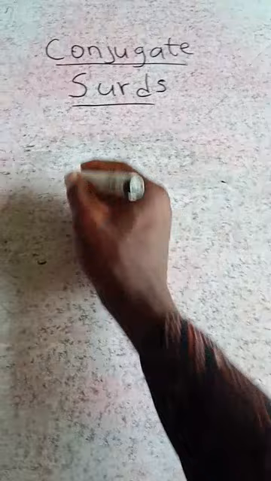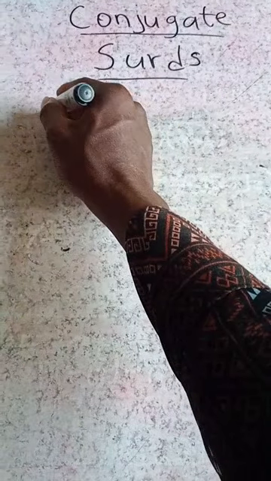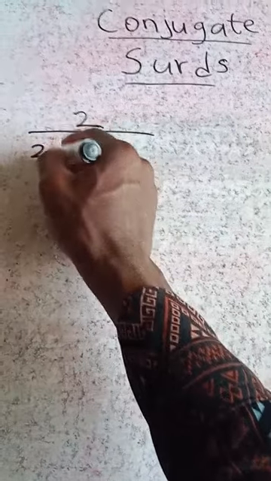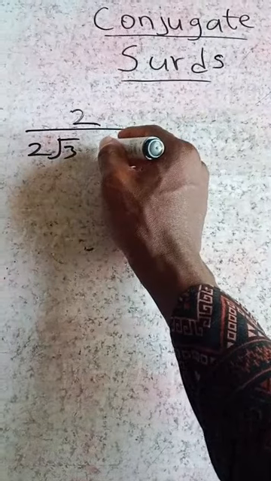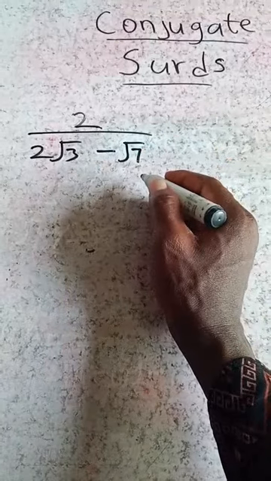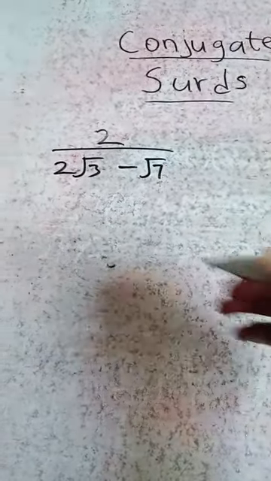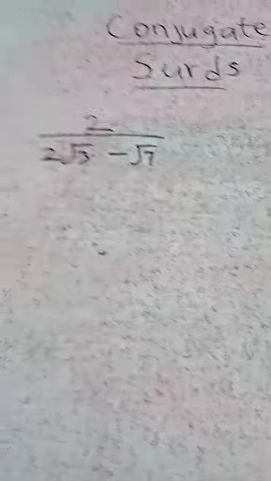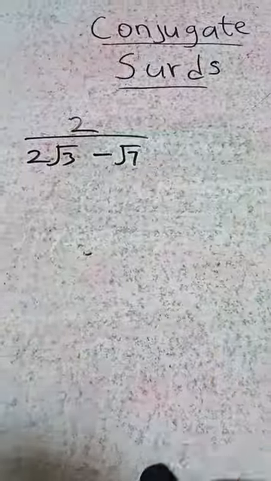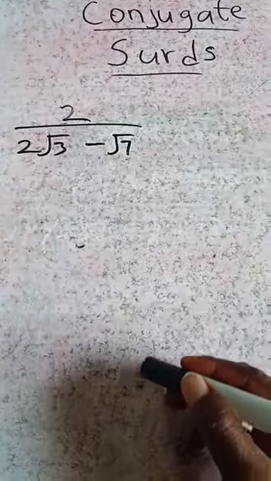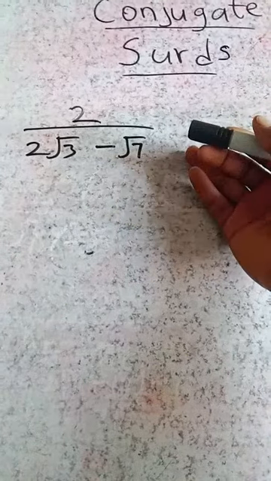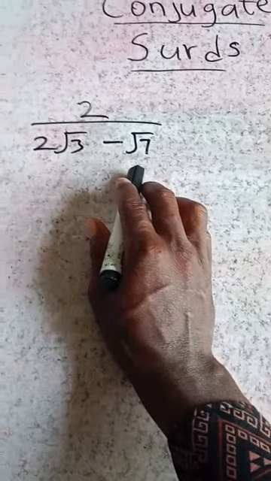If you have, for instance, 2 all over 2 root 3 minus root 7, and you are asked to evaluate this, you know already that evaluating this means rationalization, because the denominator is with a root.